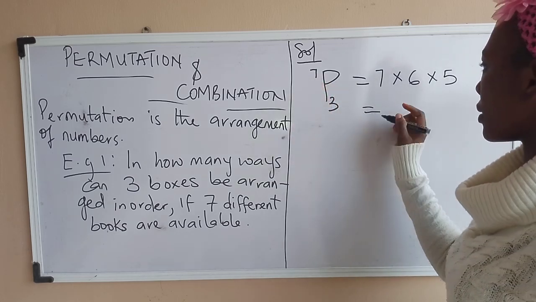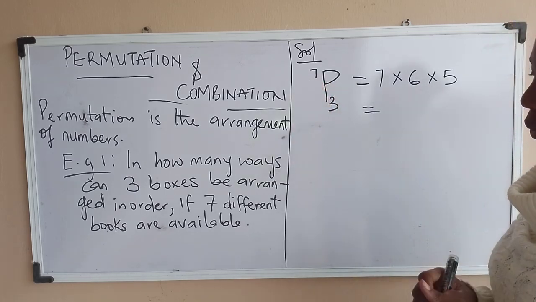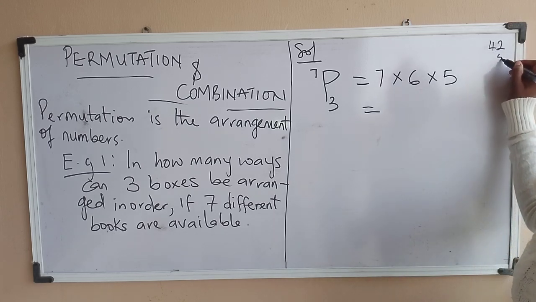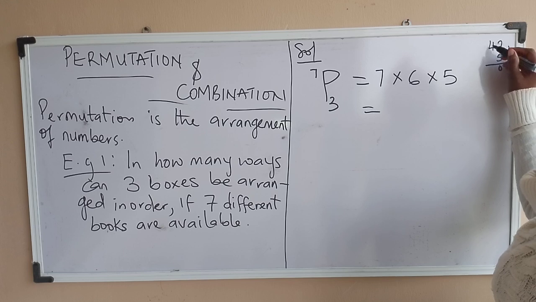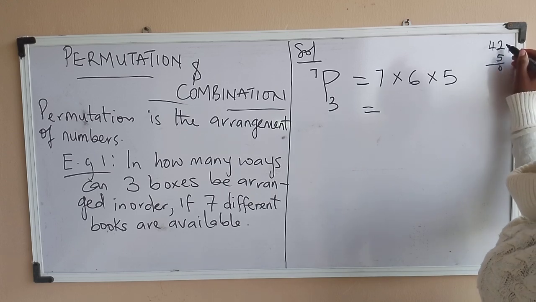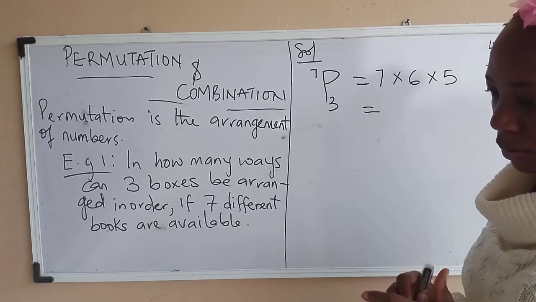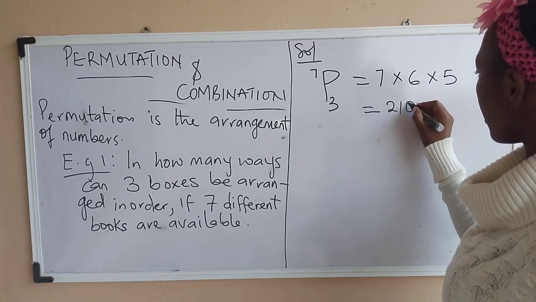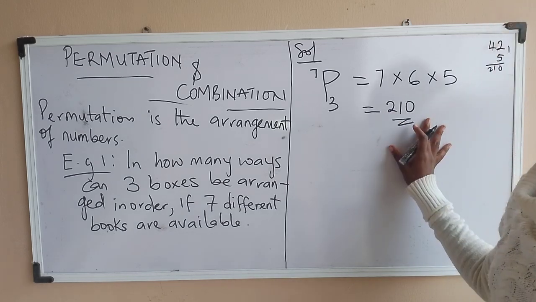When we multiply, 7 times 6 gives us 42, and 42 multiplied by 5 gives us 210. So that's the answer for this one.